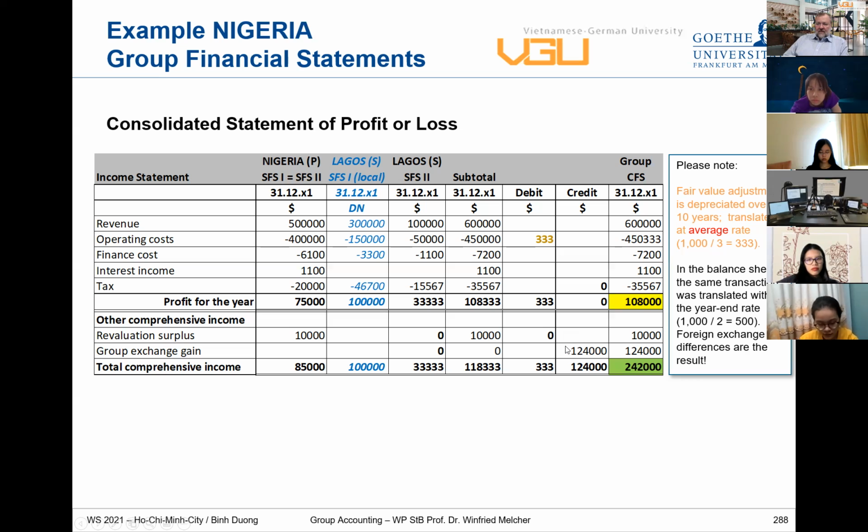So we have to account for that, and that was 124,000. So in total, the group will show a total comprehensive income of $242,000. Full stop.